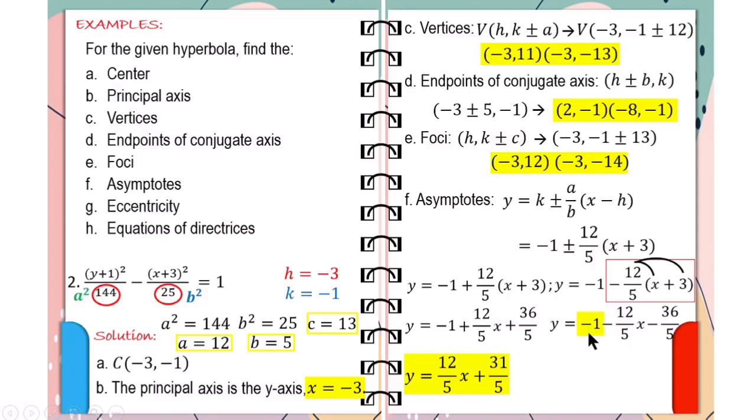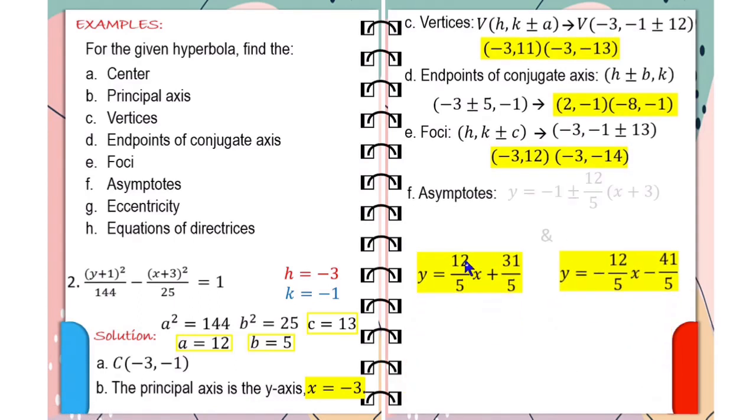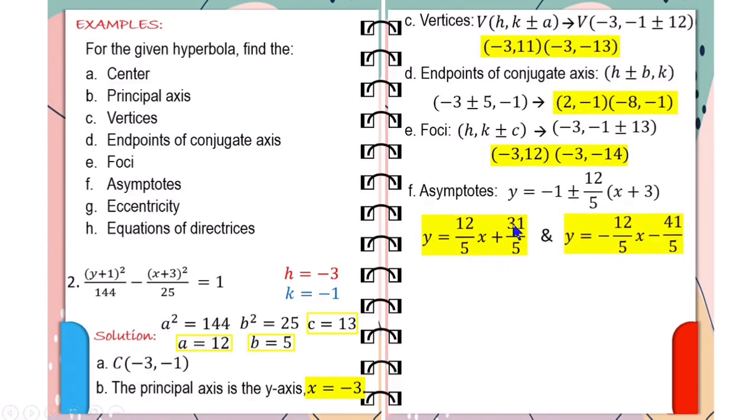Combine −1 and −36 over 5, so we have y equals −12 over 5 x minus 41 over 5. 5 times −1 is −5 minus 36 is −41 over 5. So the asymptotes are y equals 12 over 5 x plus 31 over 5 and y equals −12 over 5 x minus 41 over 5.